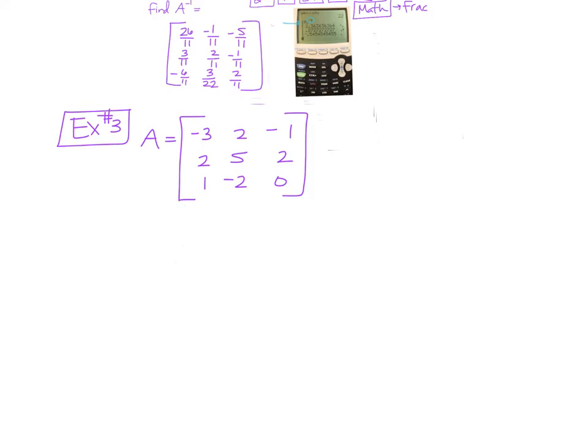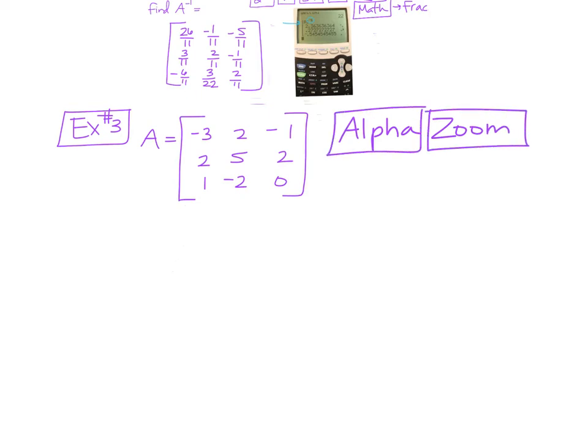It doesn't store it in your calculator, but it's a quick way to get there. You're going to hit alpha and then zoom. Alpha is the green button, and zoom is the middle of those top 5 buttons that are off on their own. Then you're going to click over to row 3, hit enter, column 3, hit enter, and then hit OK.